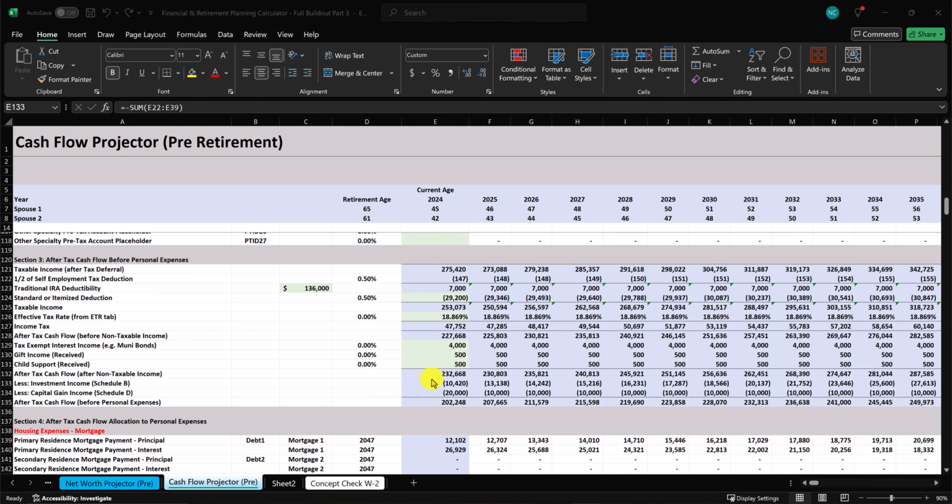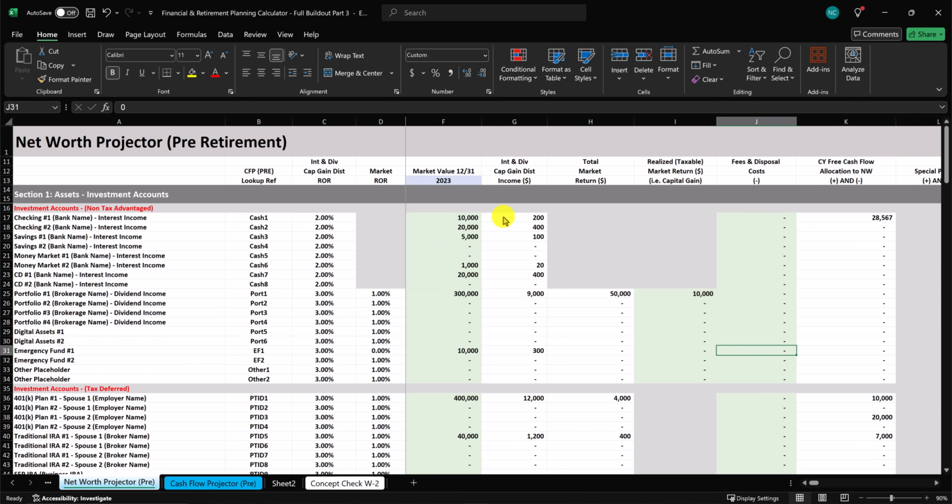Okay, with respect to the interest income on Schedule B, where did this $10,420 originally come from? Well, it was from over here in the Net Worth Projector. So if you recall, it was calculated right here in this column. There is the $10,420. And after we calculated it, it was summed up into the total, which is over here.